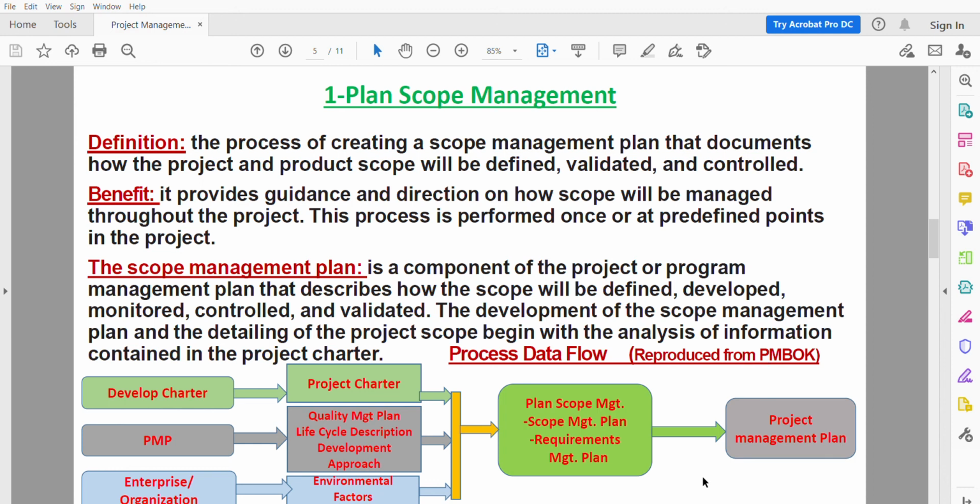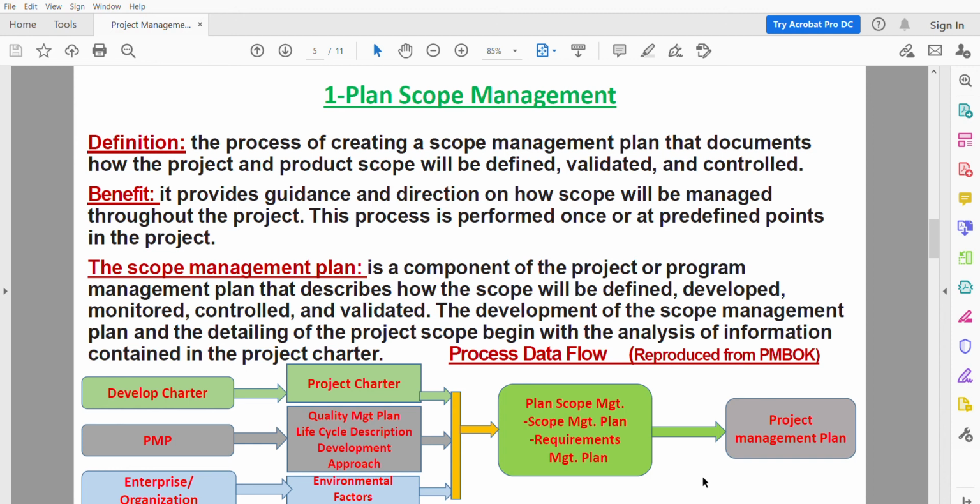The third tool and technique is meetings. Project teams may attend project meetings to develop the scope management plan. Attendees may include the project manager, the project sponsor, selected project team members, selected stakeholders, anyone with responsibility for any of the scope management processes, and others as needed.